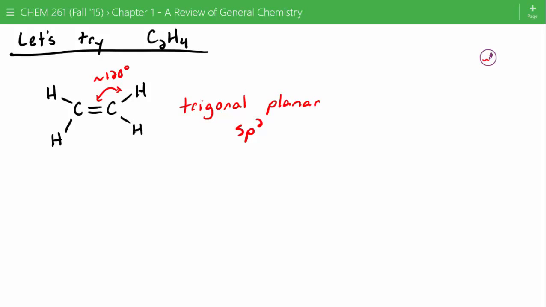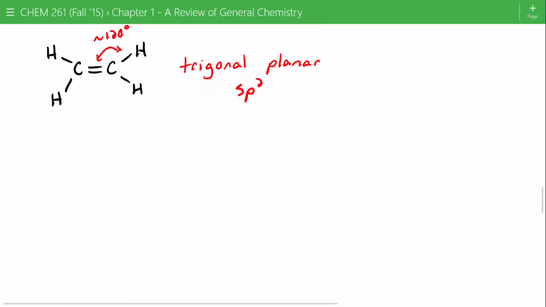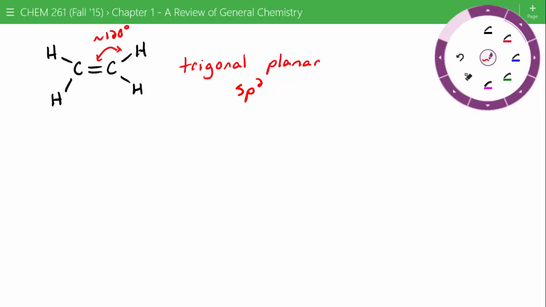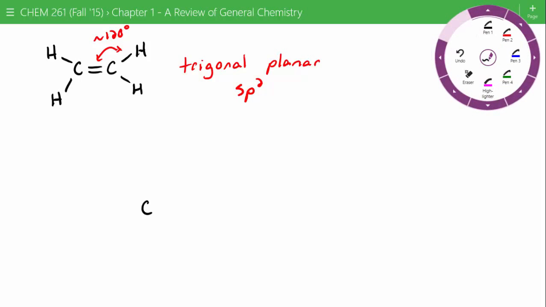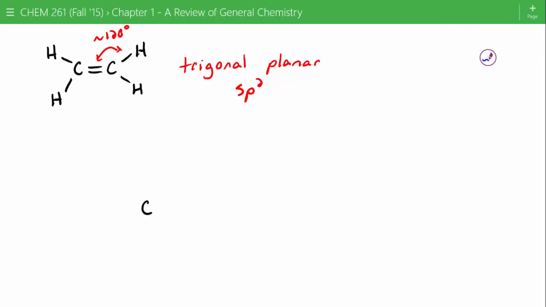Okay, so we've got a lot of this figured out already. We've got sp2. So let's try to represent this using our orbital picture like we just did with methane. We're going to represent it in 3-dimensional space. So what I'm going to do is draw a carbon atom here. And we've got an sp2 lobe. We've got one of them sticking out here. This is sp2.